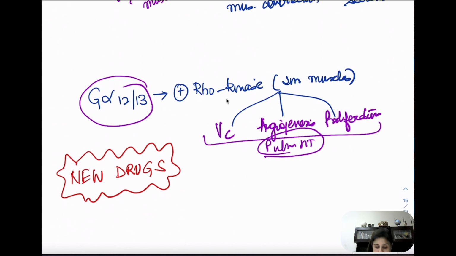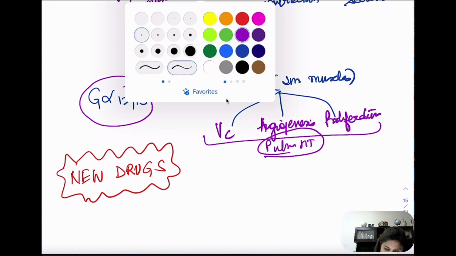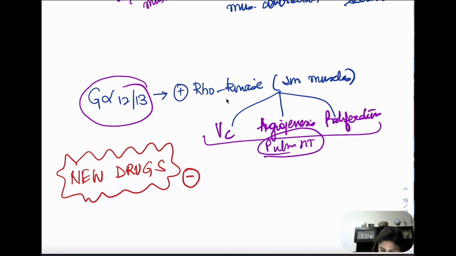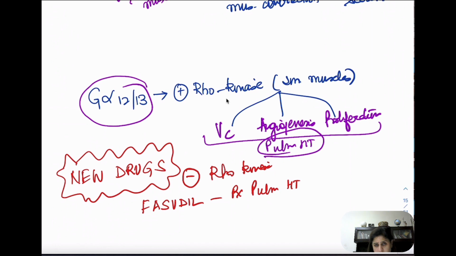So we have drugs which inhibit rho kinase, and when they inhibit rho kinase, you can use them for pulmonary hypertension. We have a drug called Fasudil. It has been approved for treatment of pulmonary hypertension. There is another drug called Netarsudil, and we use this too.